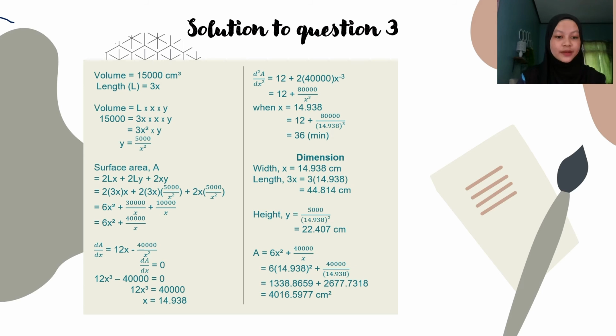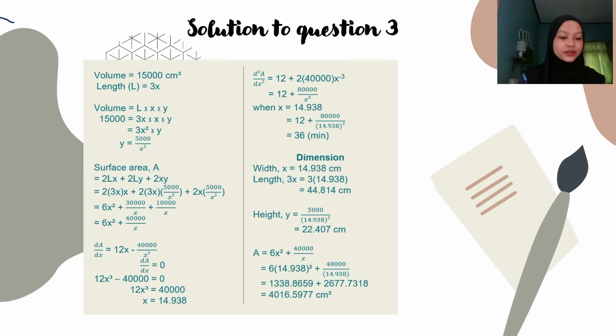So I replace L with 3x, L with 3x, and y with 5,000 over x squared, and y here as 5,000 over x squared. So multiply it and we got 6x squared plus 3,000 over x plus 10,000 over x. We add it all and we got 6x squared plus 14,000 over x.